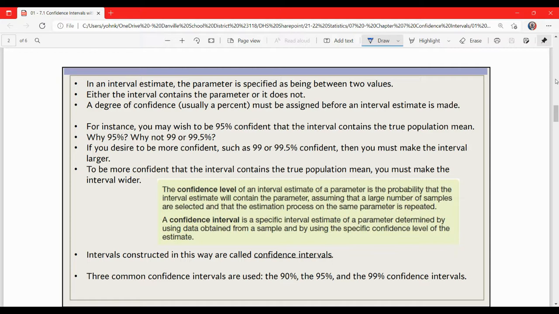The confidence level is the probability that the estimate contains the parameter or doesn't. A confidence interval is that actual range of values that we're estimating for the population parameter. Three of the most common confidence intervals used are the 90%, 95%, and 99% confidence intervals. But you can use any percentage that you want to; those just happen to be the three most popular.